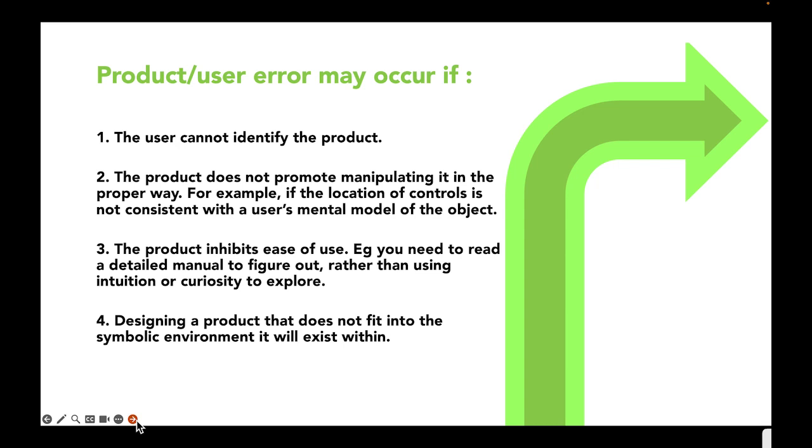And finally, designing a product that does not fit into the symbolic environment it will exist within. So if we go back to the example of the swimming pool, where we need products that are safe within an area that has water, we know that any electronic goods in that space need to be encased so that the electronic components are not affected by water.